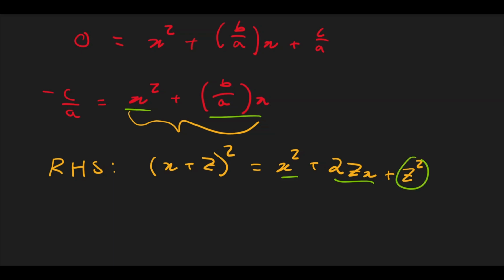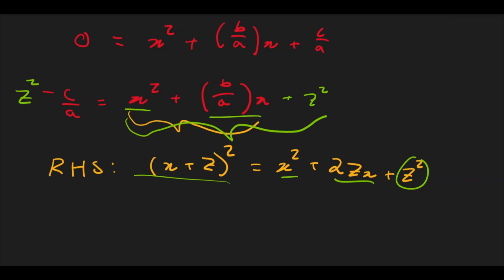So if we can add on z squared to both sides, right, to keep the equation balanced, this whole new right-hand side collapses down into x plus z, squared. And this is actually how completing the square gets its name. We are changing this initial equation so that it becomes a perfect square, right? Which is why we can collapse it down. That's how it gets its name, completing the square.